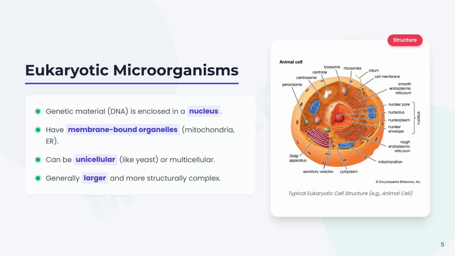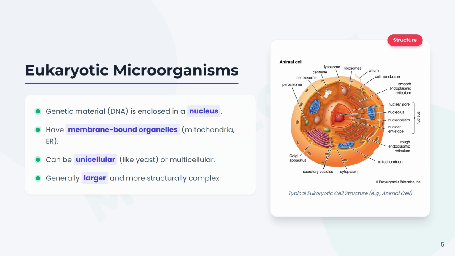Key parts include the centrosome, which helps organize cell division, peroxisomes and lysosomes for breaking down waste, ribosomes on the rough endoplasmic reticulum which make proteins, the cell membrane, the nucleus with its nuclear envelope, pores, nucleolus and nucleoplasm, mitochondria, the powerhouse of the cell, the Golgi apparatus, which packages and ships molecules, and secretory vesicles that transport materials, all suspended within the cytoplasm. This compartmentalization is a key feature of eukaryotic complexity.